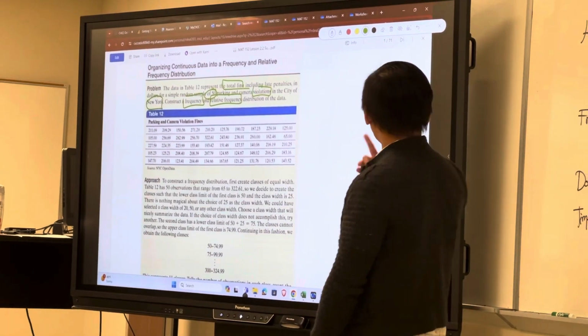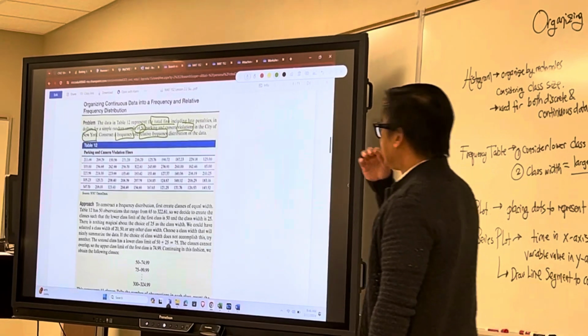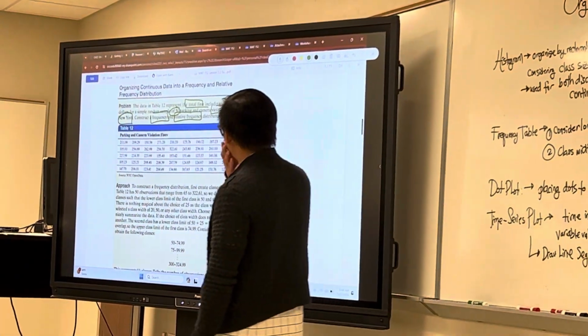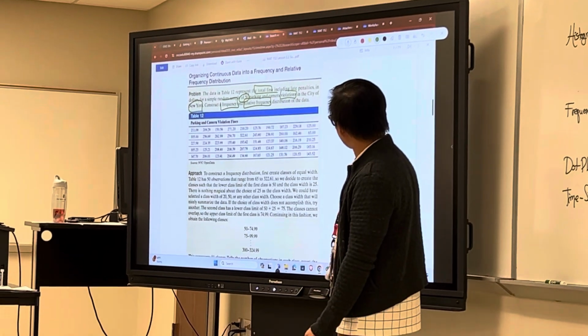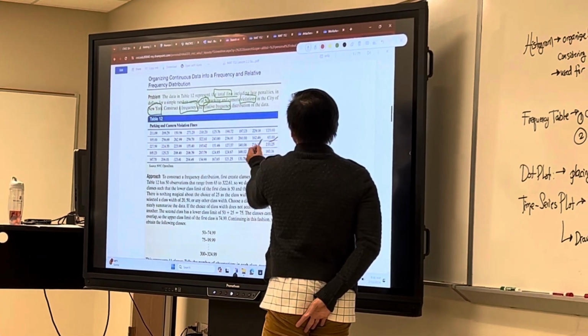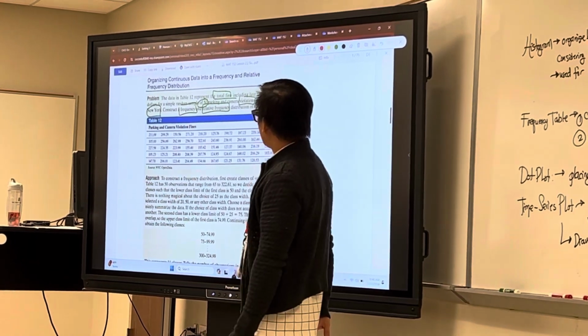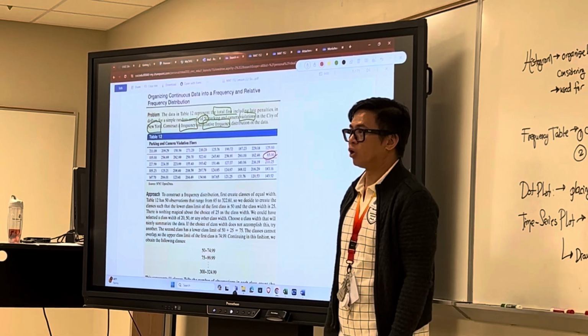Thank you, all right? So again, in step one in here, consider the lower class limit. What is the lowest value that you have seen so far? Look at the values. For me, I saw a 65, but is there something less than 65? Nothing more, right?